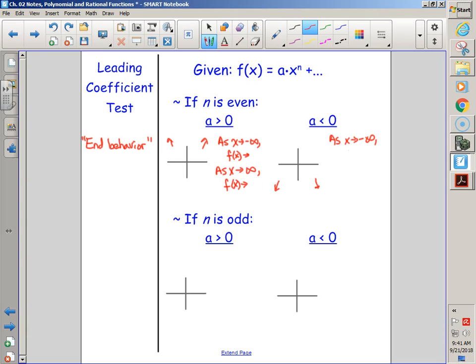But every time, as x goes to, sorry, I did negative infinity first. And then as x approaches positive infinity. I'm just going to write that for every single one, for the odd ones as well.